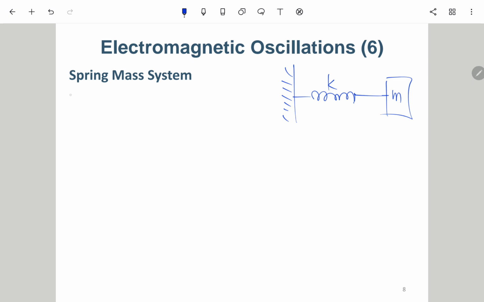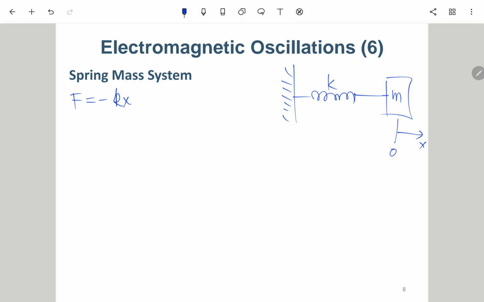According to Hooke's law, F equals negative kx. The x can be like this, this is the x-axis. If there are no forces acting on it, we may define this position to be 0.